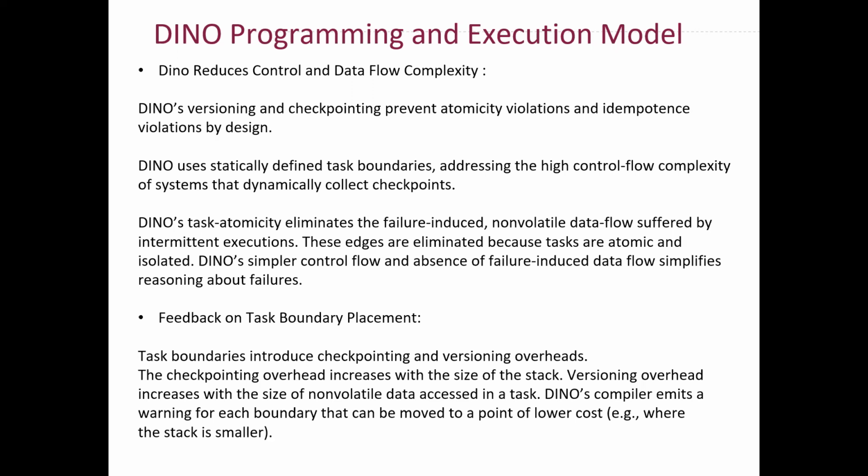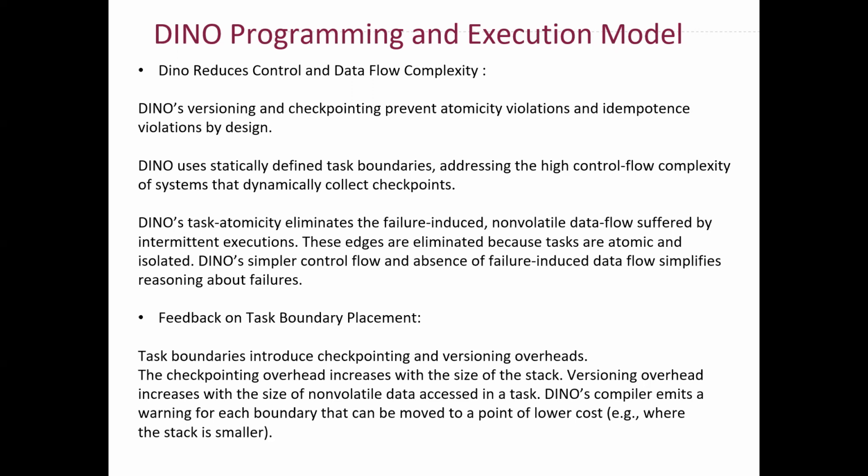But then again, we need to have some feedback on task boundary placement because task boundaries introduce checkpointing and versioning overheads. Naturally, these things are not required in a continuous program. But in intermittent programming, you have an additional task of writing this to a non-volatile memory, and that in itself requires some energy and takes some overhead.